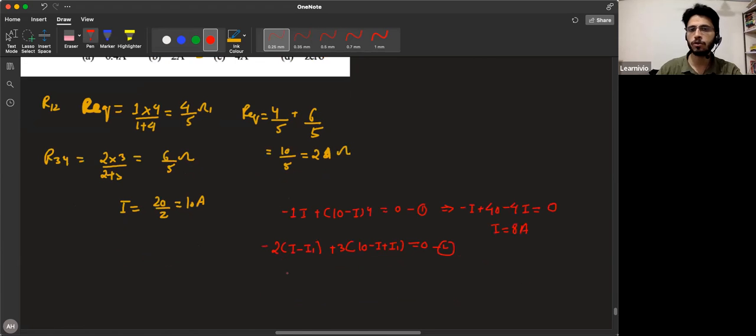When you put the value of I here, this will be minus 2 into (8 minus I1) plus 3 into (10 minus 8 plus I1).